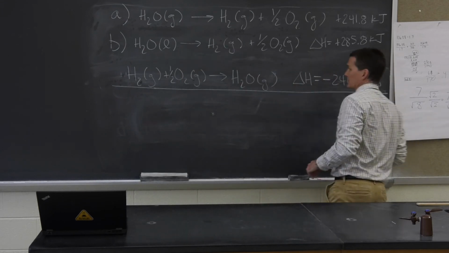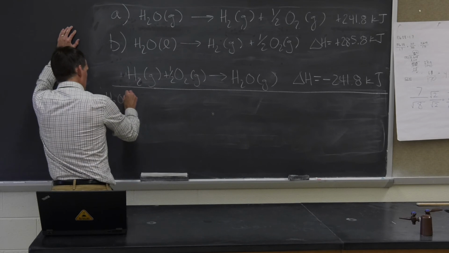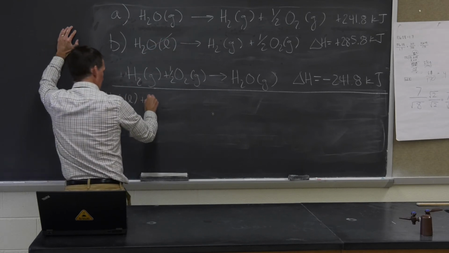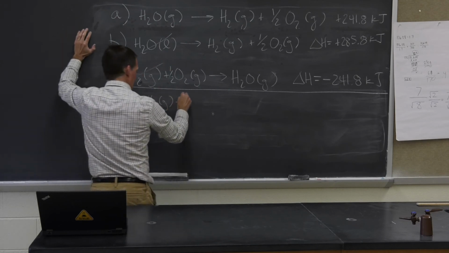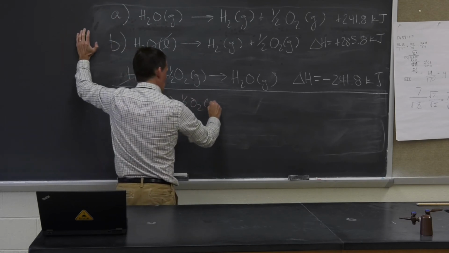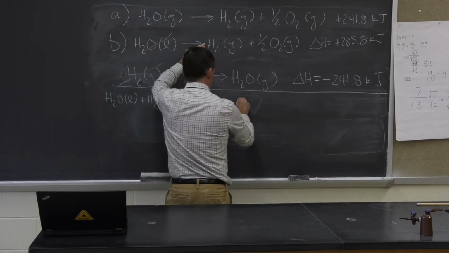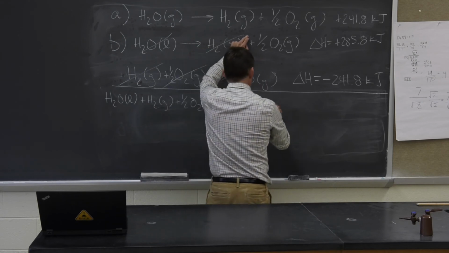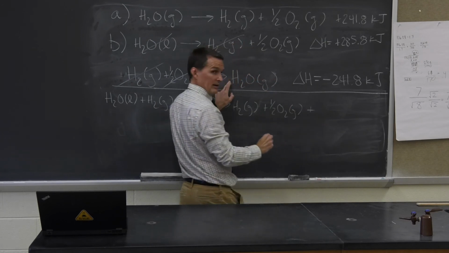So we can do that. It's going to be a lot of stuff. I'm going to have H2O liquid from this. This has got to be a reactant, H2 gas, half O2 gas. That's going to go to H2 gas, half O2 gas, H2O gas.